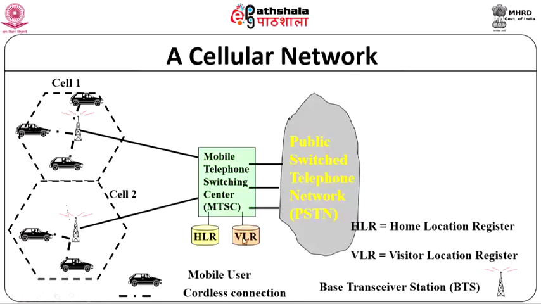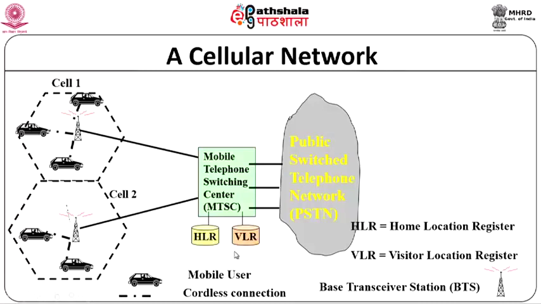There is some information that is maintained at these switching centers, called the HLR and VLR. HLR stands for home location register, VLR stands for visitor location register. The home location register keeps track of the different details about the subscribers who are subscribed to this particular MTSC. VLR keeps track of those users who are visiting this particular location.